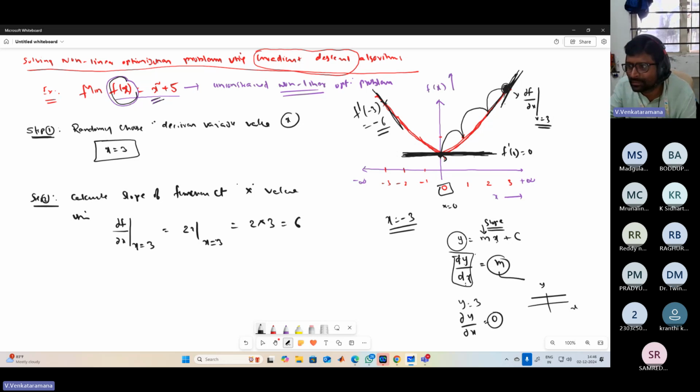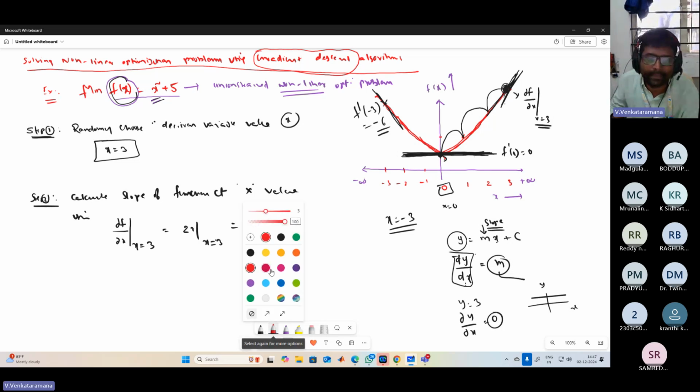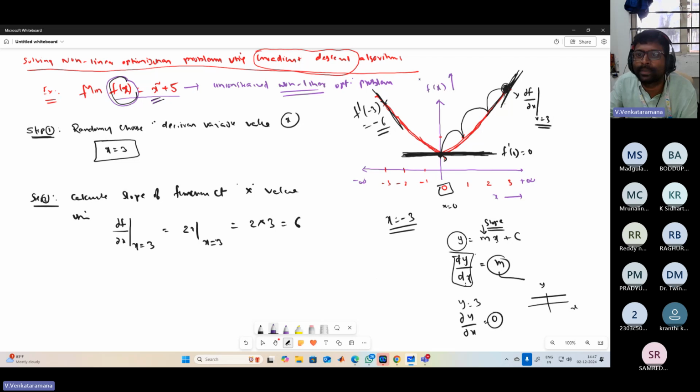So whenever you have a positive slope, update your point toward the negative slope side, and then you will reach your 0 slope point. If your slope is negative, then try to move this point toward the positive slope side, and it will reach this 0 slope.